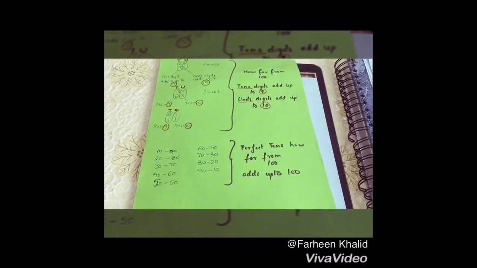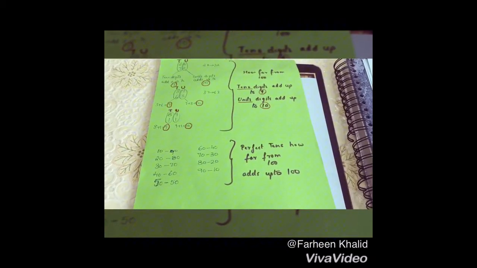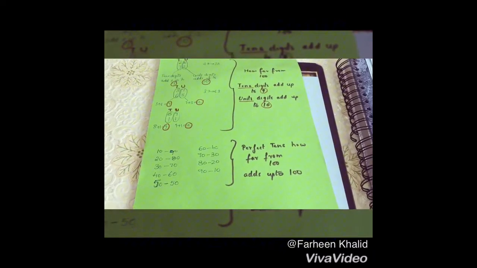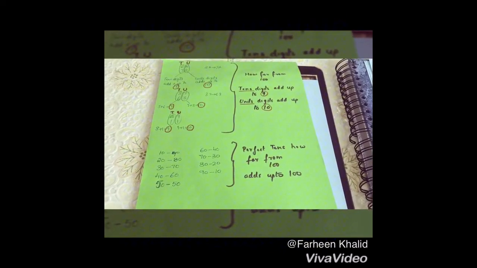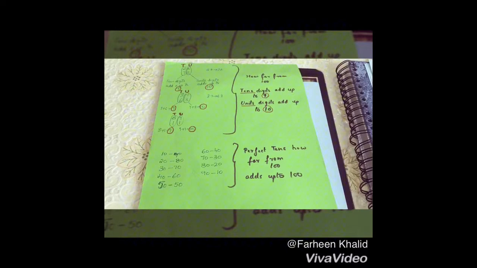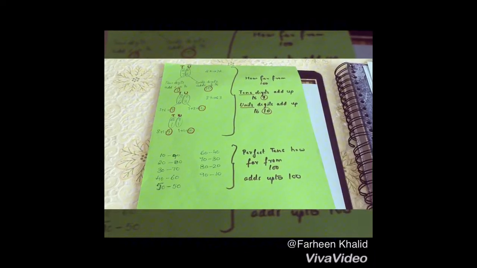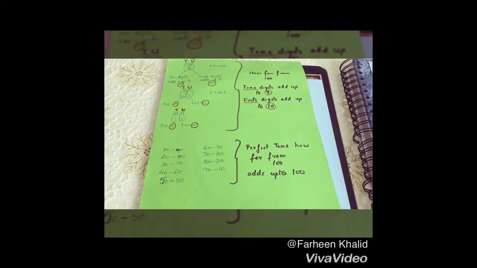It's going to be very, very handy for all the competitive exams and whatever exams that you appear in school, or even in regular life when you have to calculate money or do certain calculations. So it's all going to be handy.